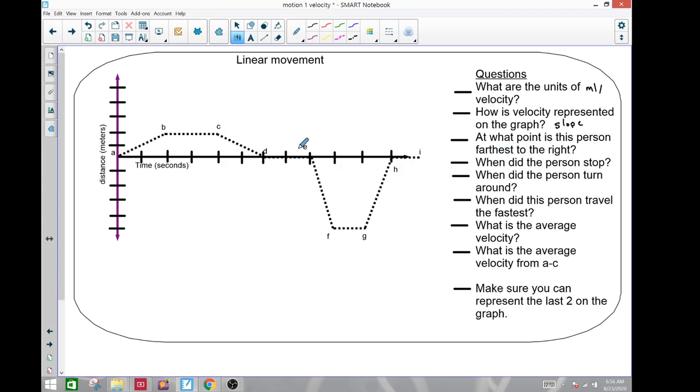Now this is a little bit different here. Again, we're just looking at it as a line. The person travels down the line, stops, and comes back.